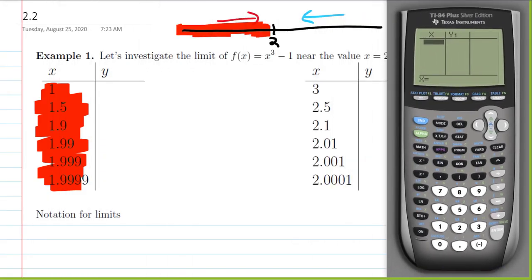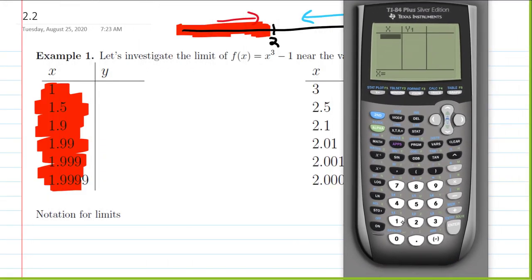So if we look at our table here, well, we want to know what the output is at x equals 1. So we put in 1 and we press enter, and it tells us. And if we want to know what it is at 1.5, we press enter, and it tells us. And then 1.9, and then 1.99, and 1.999, and 1.9999, 4 nines.